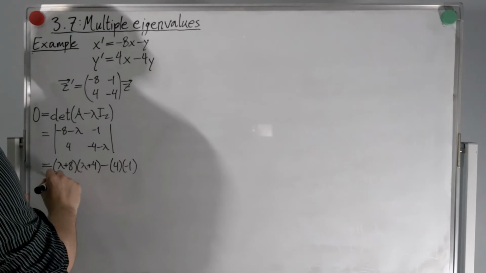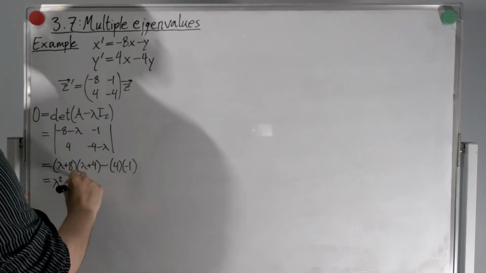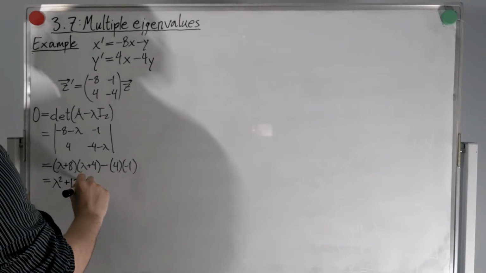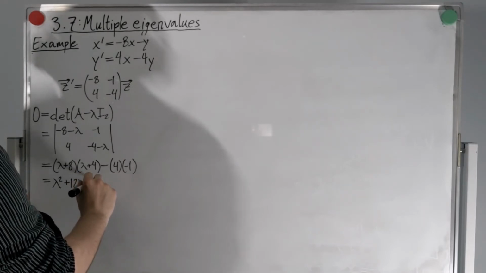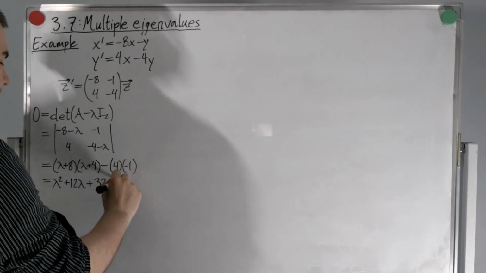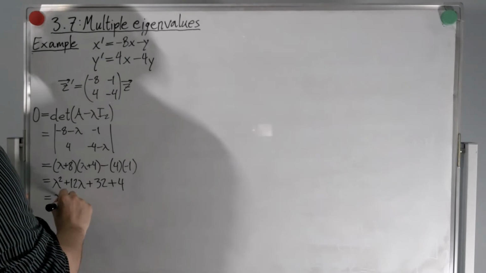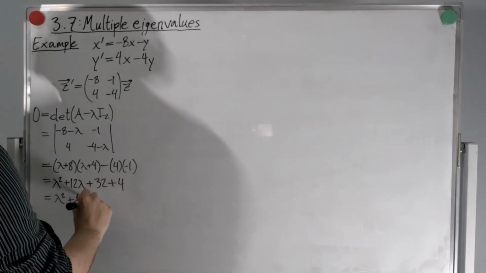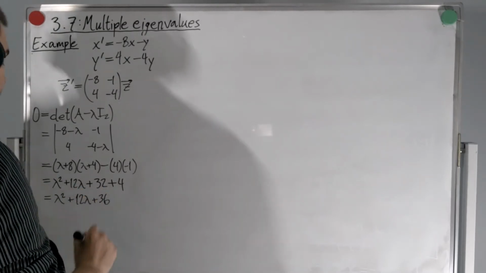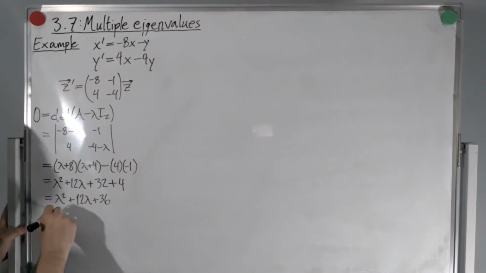You do the determinant, you get (lambda plus 8)(lambda plus 4) minus 4 times negative 1. This turns into lambda squared plus 12 lambda plus 32 plus 4. In other words, lambda squared plus 12 lambda plus 36. This is (lambda plus 6) squared.